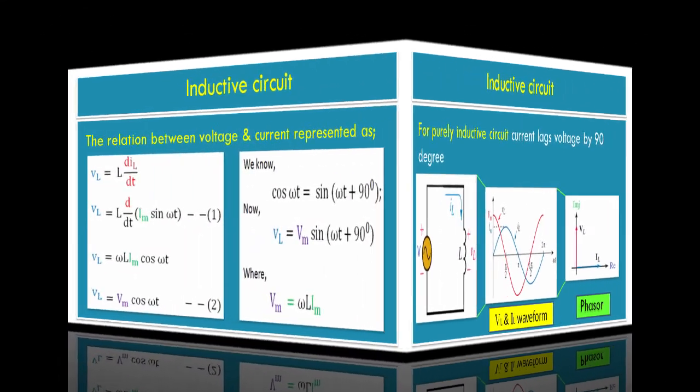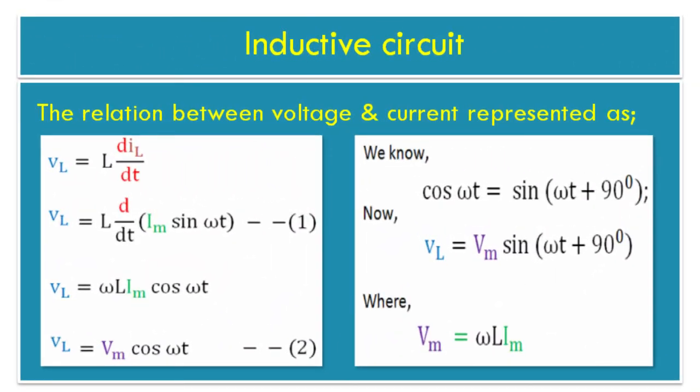The relationship between voltage and current in an inductive circuit is voltage VL equal to inductance L into diL by dt, which is equal to L di by dt of Im sin omega t, given by equation 1, with voltage VL equal to omega L Im cos omega t, which is equal to Vm cos omega t, given by equation 2.